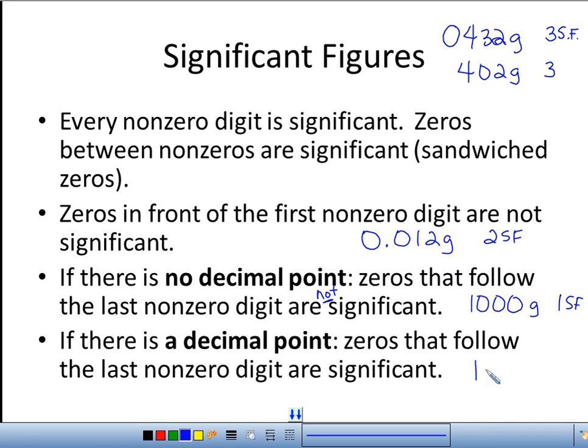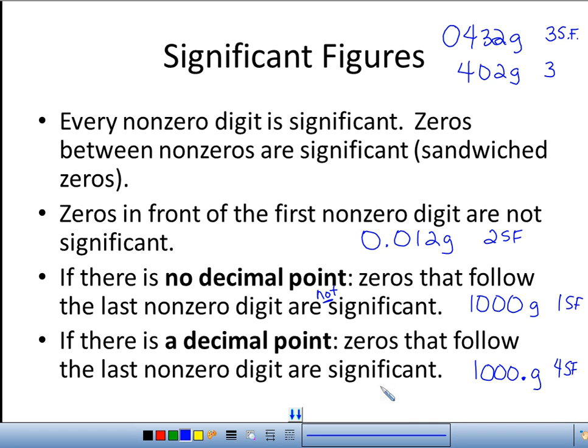Let's change it up. Let's say it does have a decimal after it. So 1,000 grams with a decimal. That decimal tells us that we accurately measured that 0, and that changes that 0 to be significant, and therefore all these zeros are significant. And so therefore this one has 4 sig figs.